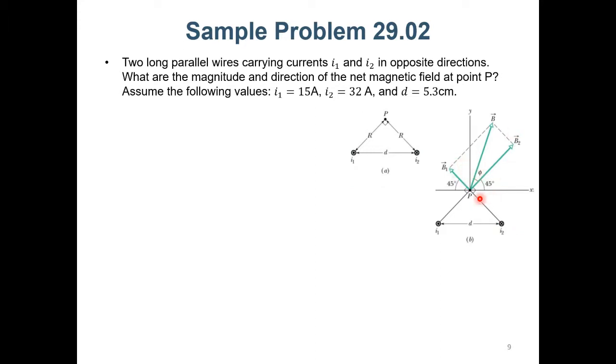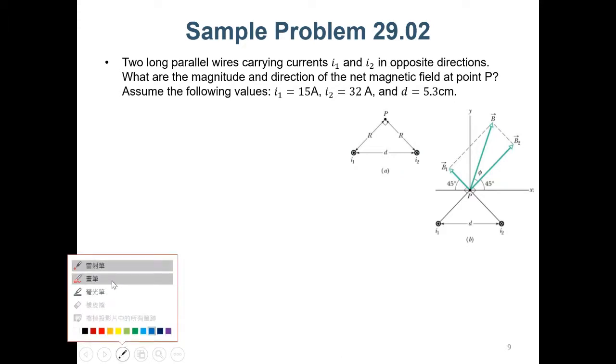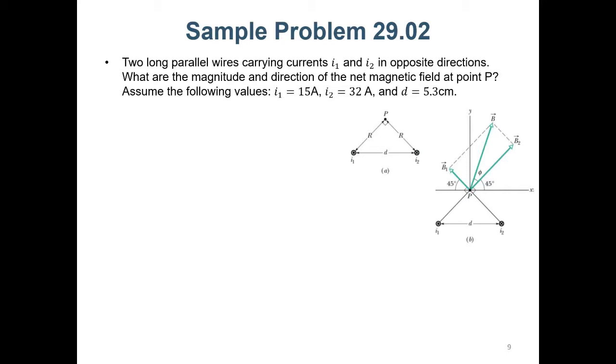And next, we need to calculate the magnitude of B1 and B2. So B1 is very simple. We only need to use the formula like this: mu0 I over 2 pi r.